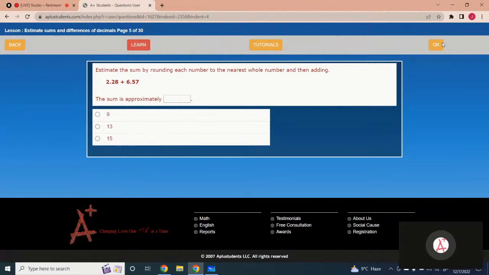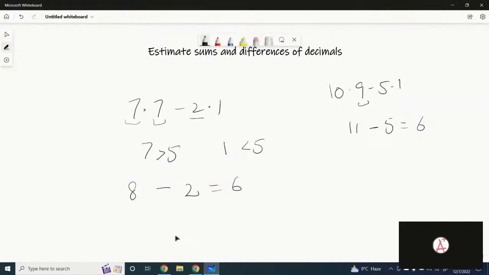Okay, 2.28 plus 6.57. So you have to round off 2.28. The very next number right after the decimal is 2, and 2 is less than 5. That means you round off on the same whole number.